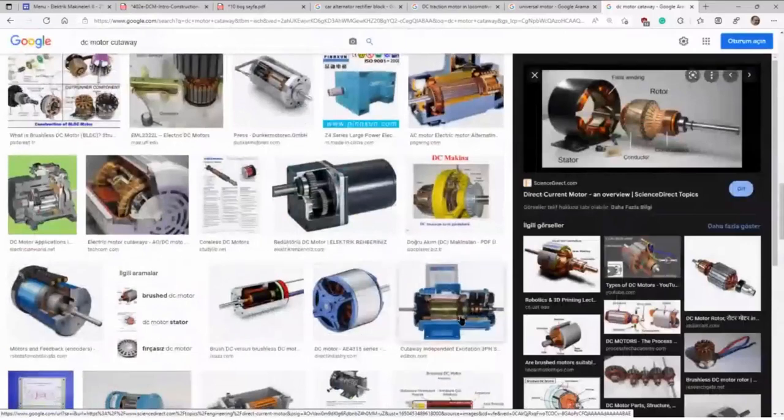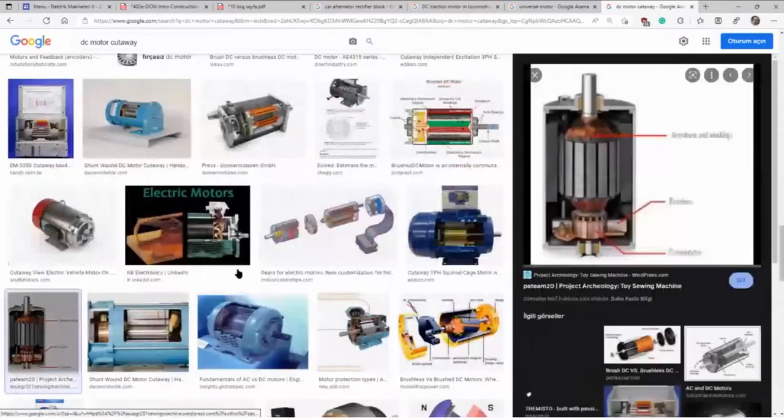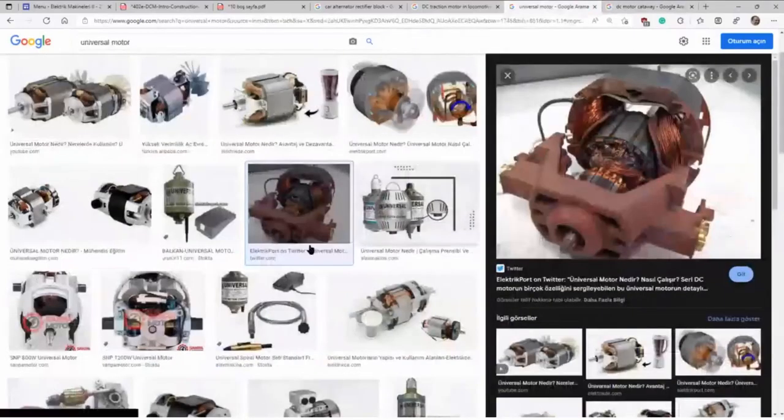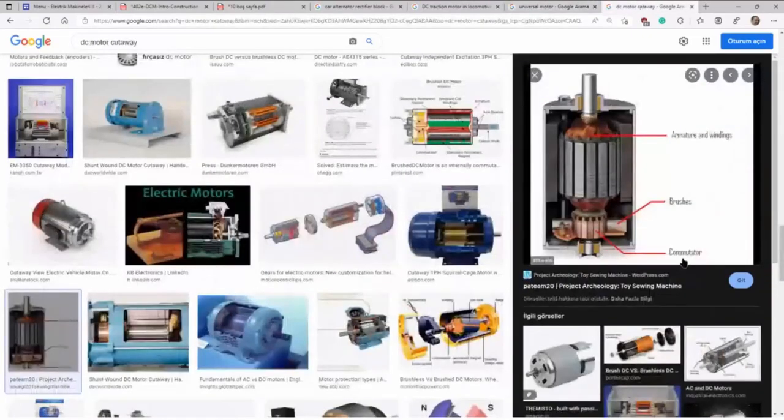That is a DC motor. That is the universal motor. Let's take care of the rotor. The rotor has a slotted construction. There are some coils. There is a commutator system, the device called the commutator. And here you see the commutator. Here are brushes, slotted rotor construction. There are some coils.